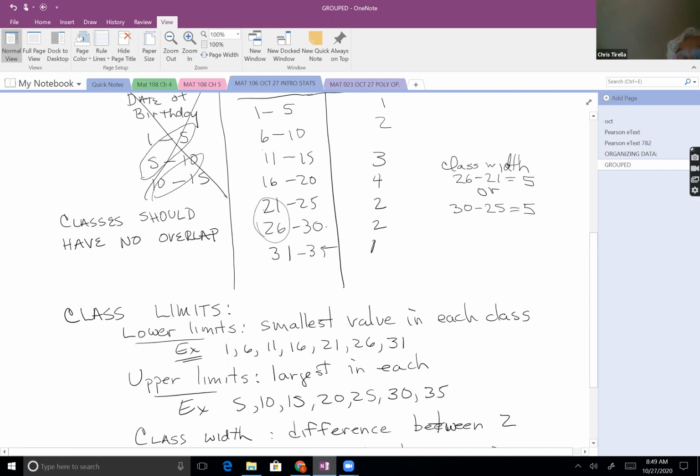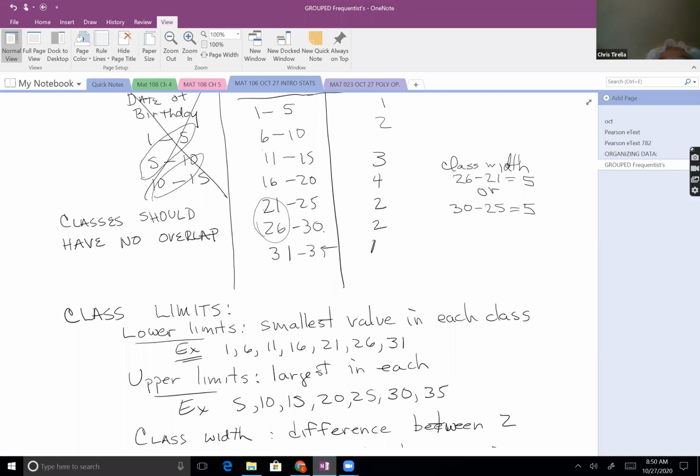If I'm using upper limits, they should both be upper limits. And they should be from two classes that come right after each other. It doesn't matter if you use upper or lower, but whatever you use, you have to be consistent.